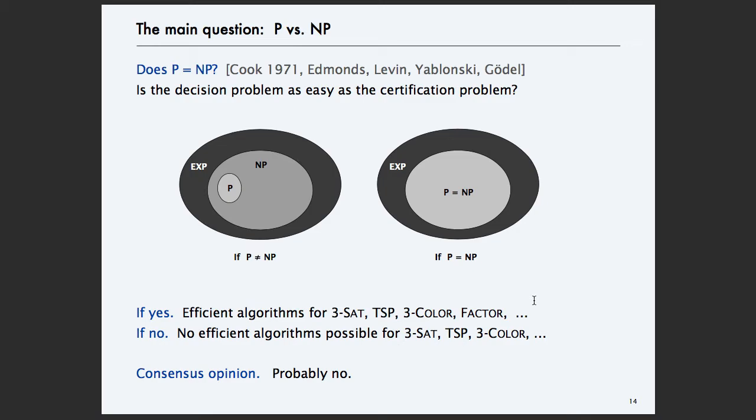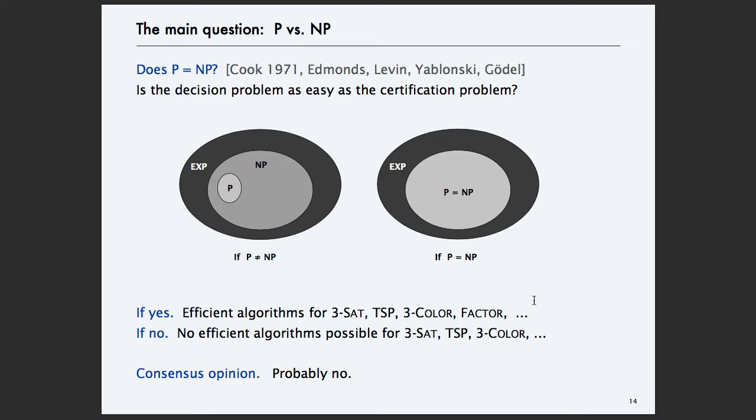So, if P equals NP, is the decision problem as easy as the certification problem? We believe, or I believe, and most computer science people believe, that this figure on the left is true: P is a subset of NP, and NP is a subset of EXP. It may be that we have the figure on the right, where P equals NP.